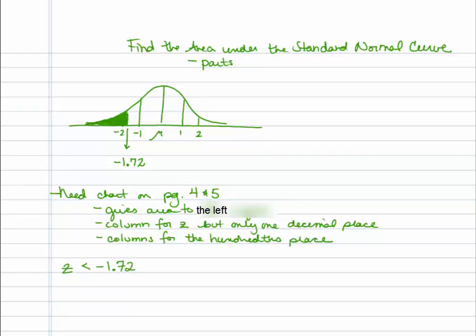Technically you don't actually have to receive a figure. I can just give you a question like, find the area. So you want to look for a z-score of -1.7.